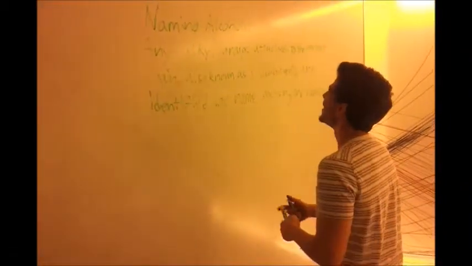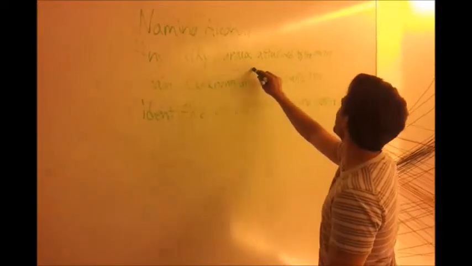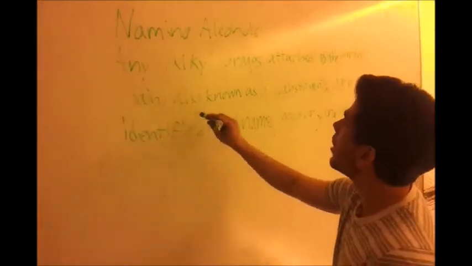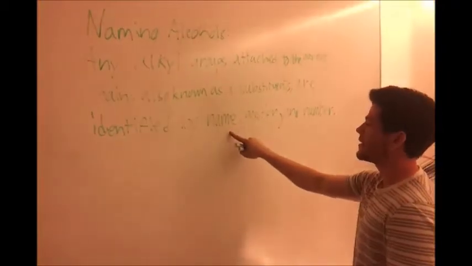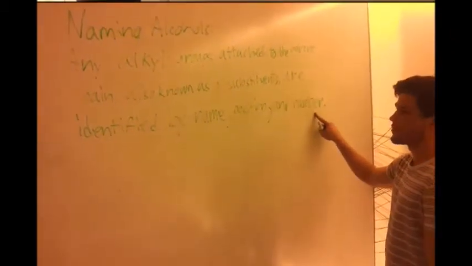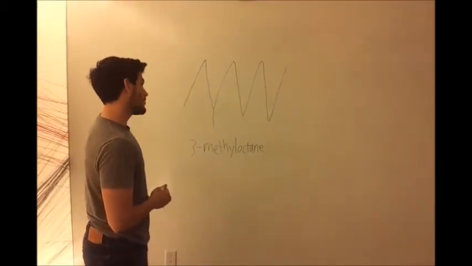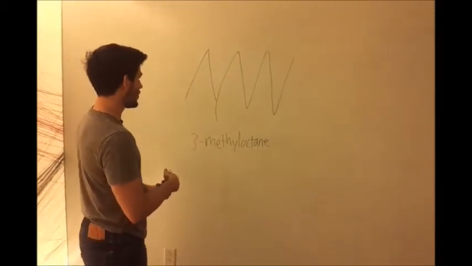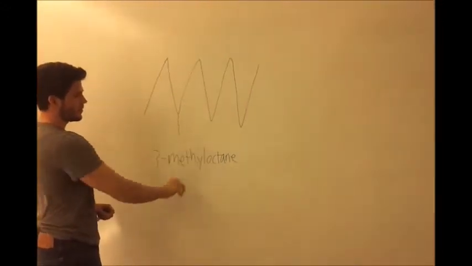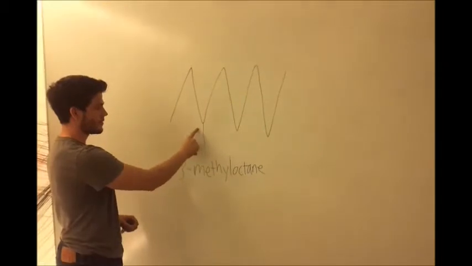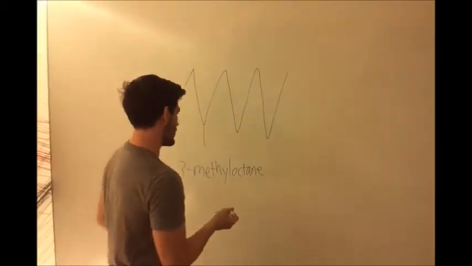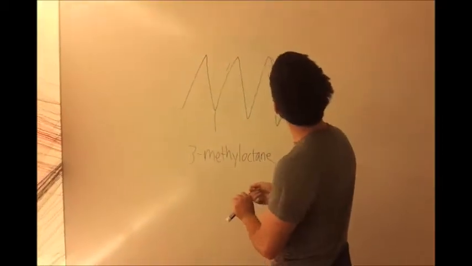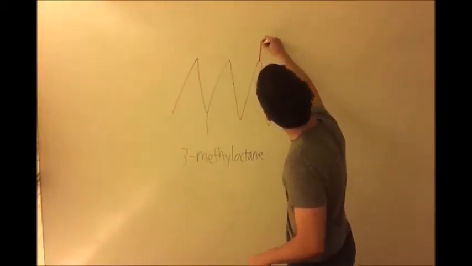So when naming alcohols, any alkyl groups attached to the parent chain, also known as substituents, are identified by name, position, and number. So over here we have a figure of an alkane that is 3-methyloctane. First off, I'm going to switch this to an alcohol by adding an OH right here.